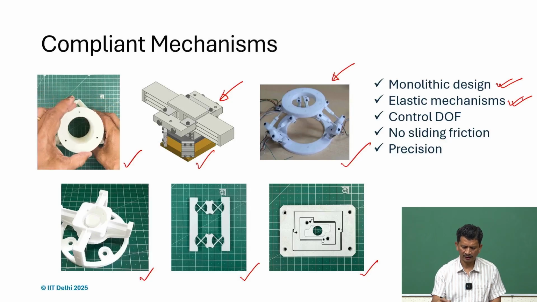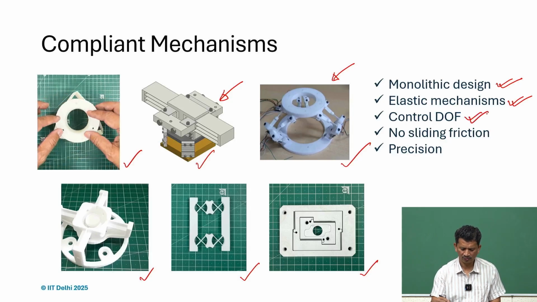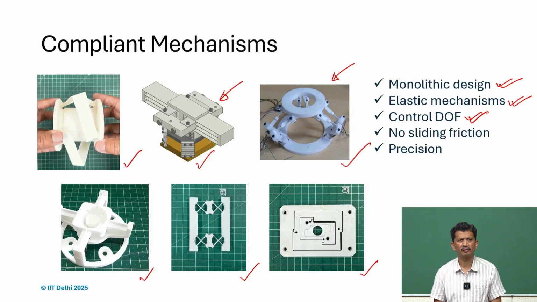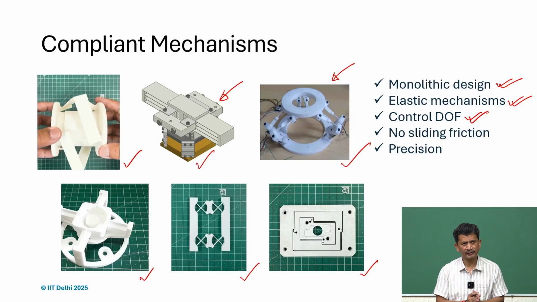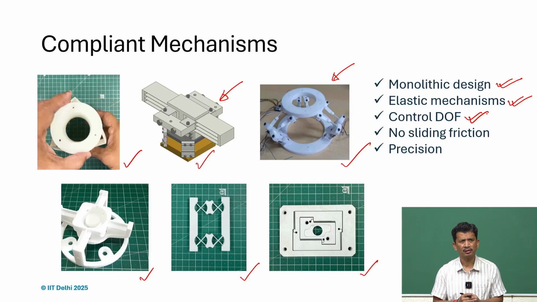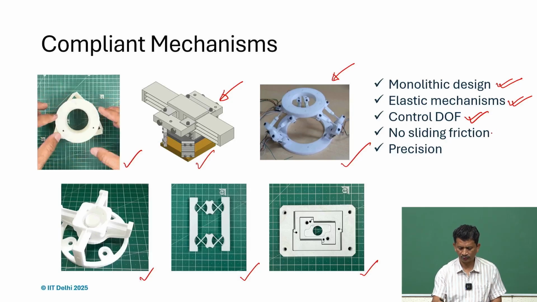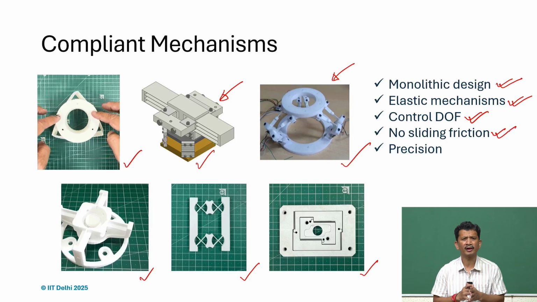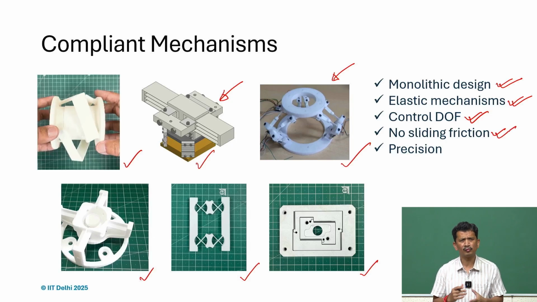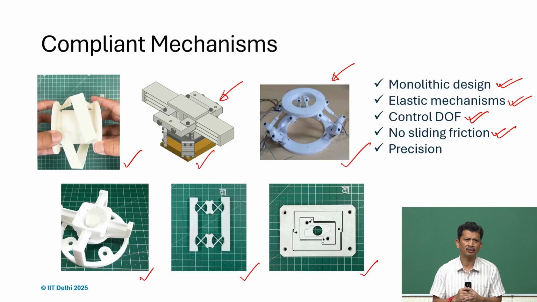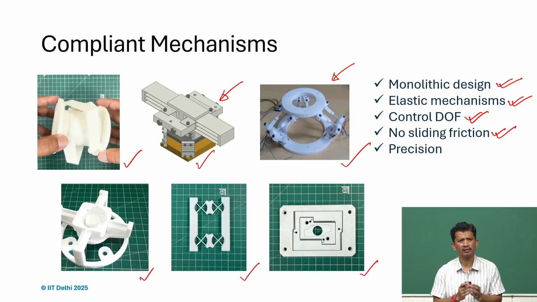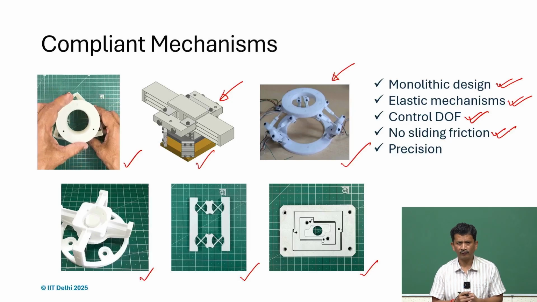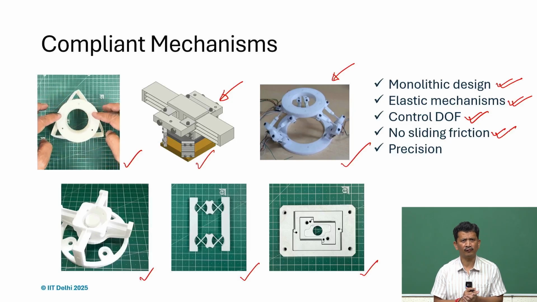That's why the next point is controlling degrees of freedom and constraints. What we also realize is that there is relative motion, but there is no sliding friction. The parts are not rubbing against each other; all the motion we get is because of elastic deformations, and there is no physical contact between the parts, and therefore no friction involved.